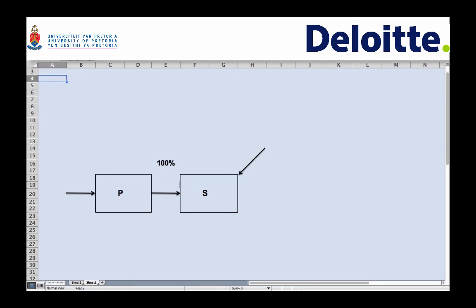To visually represent what we have just stated in P Limited obtaining control of S Limited, consider the following graphic. P Limited purchased the shares of S Limited, obtaining control of the net assets of S Limited.